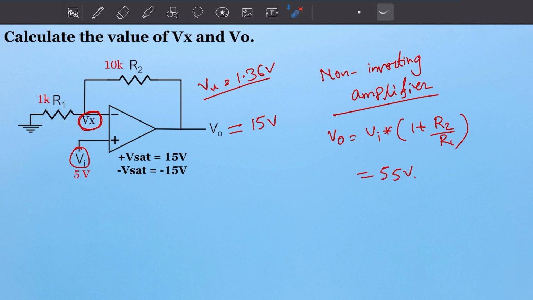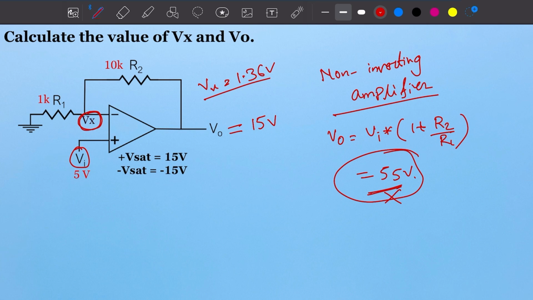As they provided the positive V saturation is plus 15 volt, that means the output of the op-amp cannot go beyond plus 15 volt. That's why we get the value of V0 is equal to plus 15 volt. Okay. Here we get 55 volt. That means there is something wrong in this particular process, right?